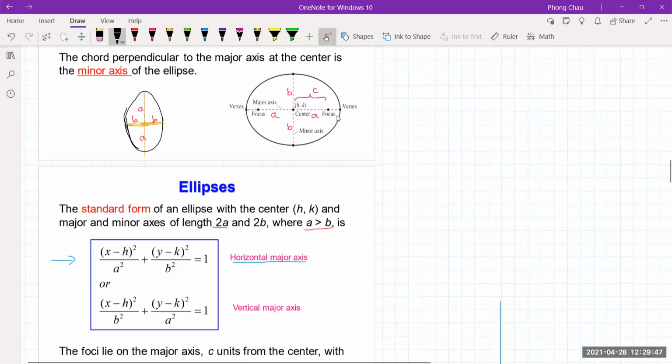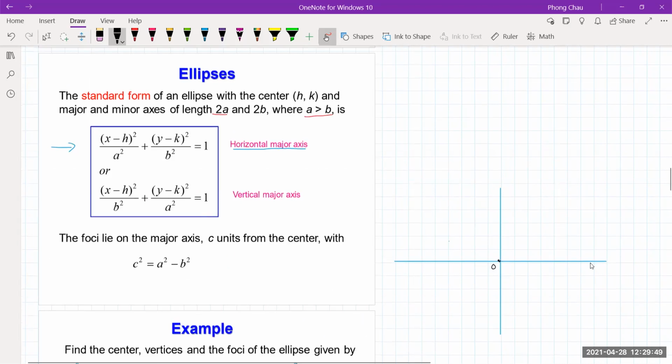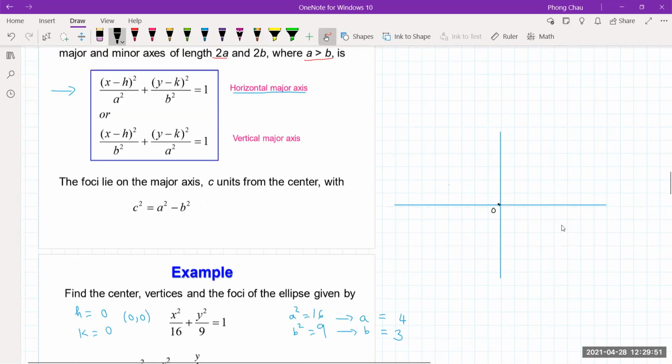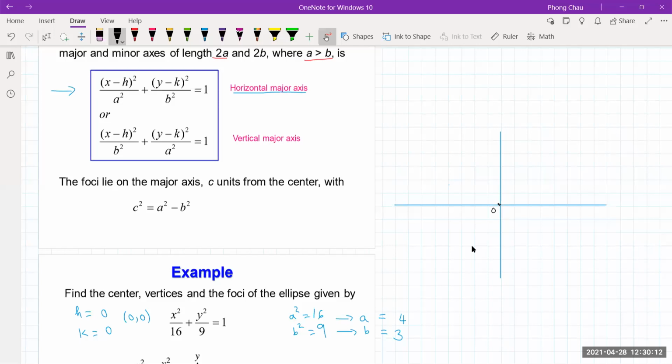So a will be a horizontal move, right? So we're going to move 4 units to the left, and a is 4, so I move 1, 2, 3, and 4.